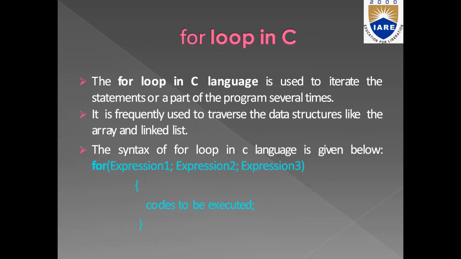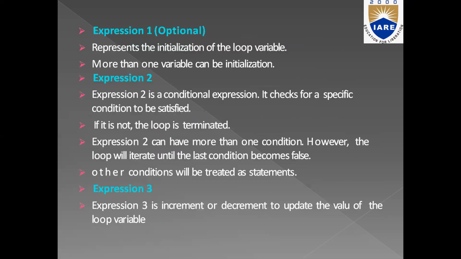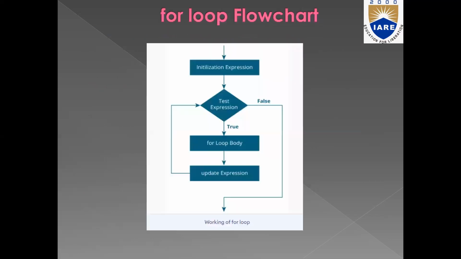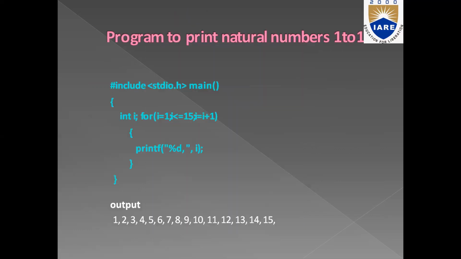And the syntax of the for loop is this, and this is how it works. And this is a flowchart of the working of the for loop. This is a simple program for printing n natural numbers, or 1 to 10 natural numbers, or anything.